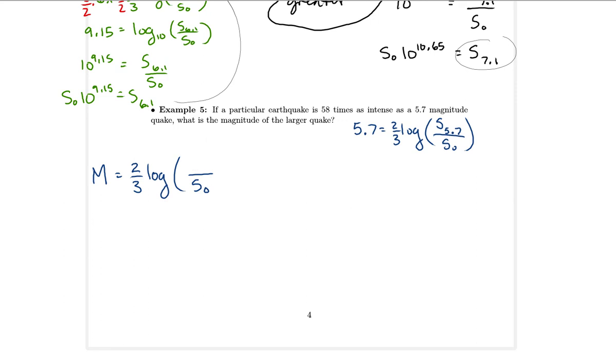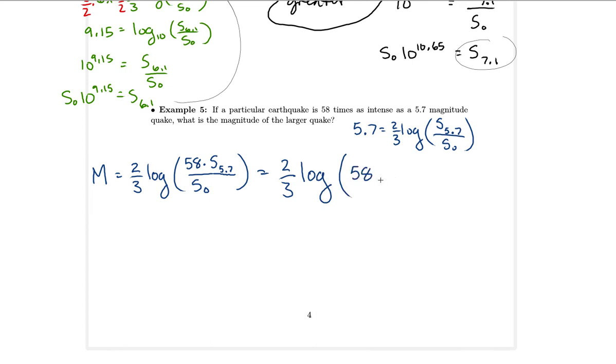Okay, but what is its seismic moment? Well, we know that whatever it is, it's 58 times the other earthquake's, right? So I can just say 58 times that. Now, if you notice, this and this look very similar. The only thing that's different is this multiplying by 58. Okay, but let's also keep in mind that we have some log rules that we can use.